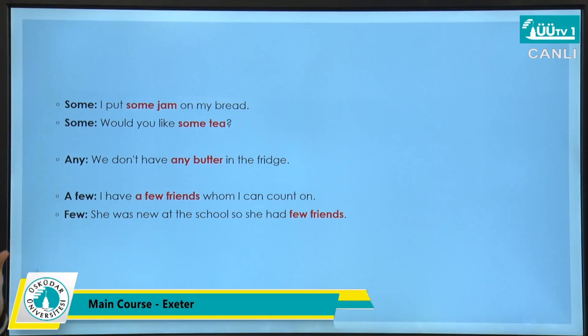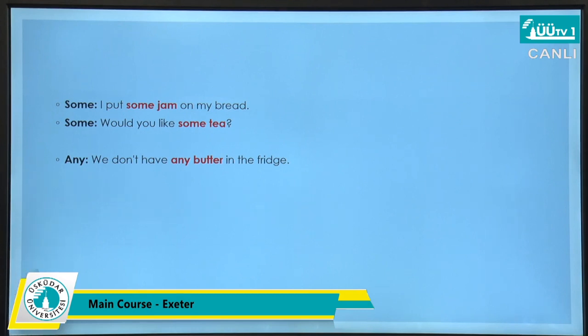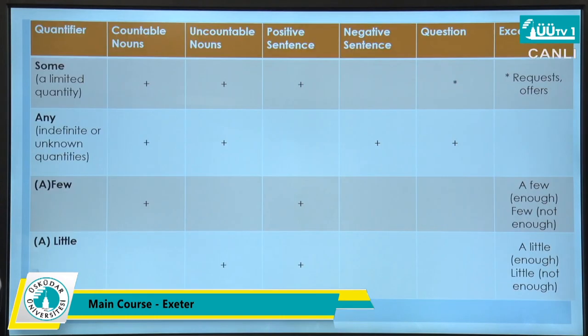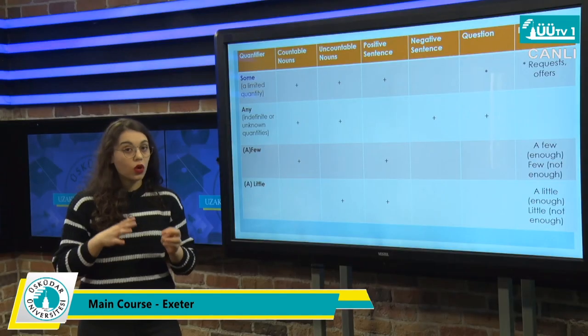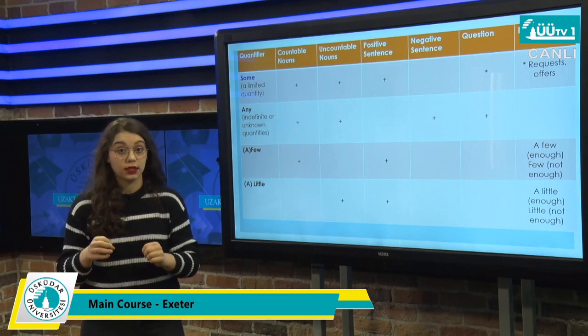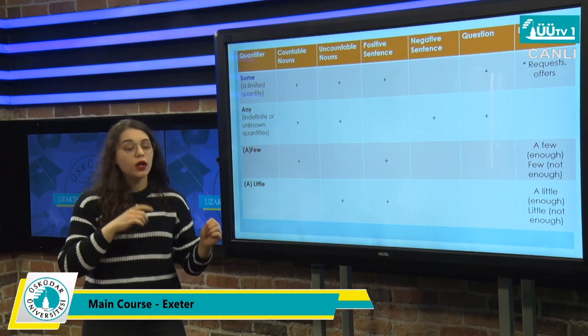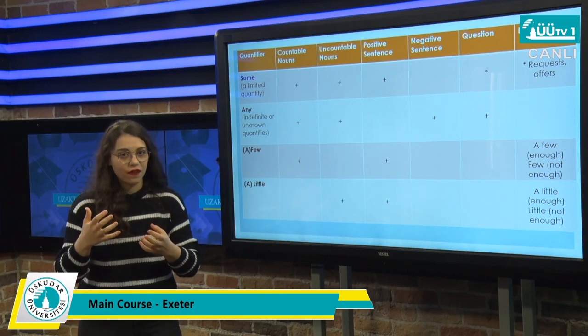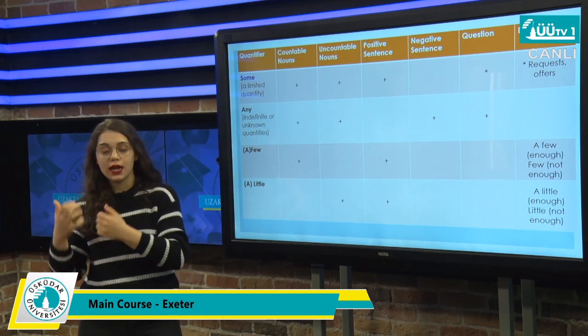But when we're talking about few, she was new at the school and she had few friends, so she didn't have enough friends. Okay. And when we look at a little or little, we use them with uncountable nouns in positive sentences. Again, as with few, a little means enough and little means not enough.